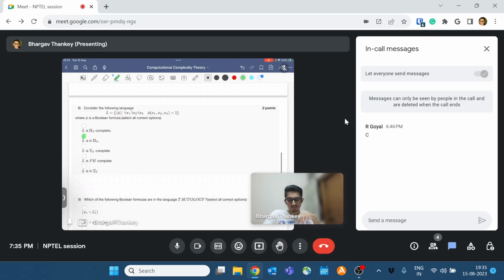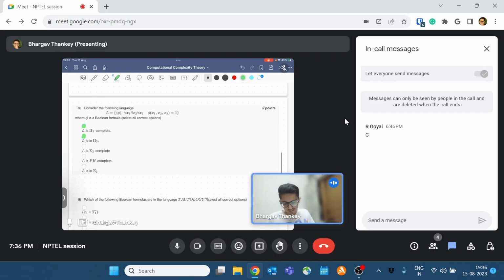Because there are two peaks in the diagram, one peak for sigma and another overlapping peak for pi, if a PH complete problem exists, then all the peaks should be at the same level somewhere. That indicates that PH collapses. Yes, PH must collapse to some level. Okay, so B is true.